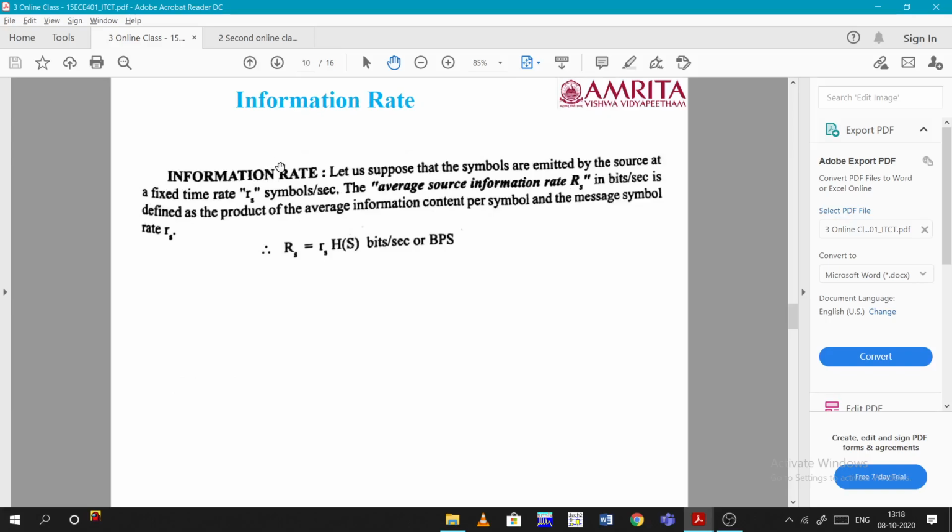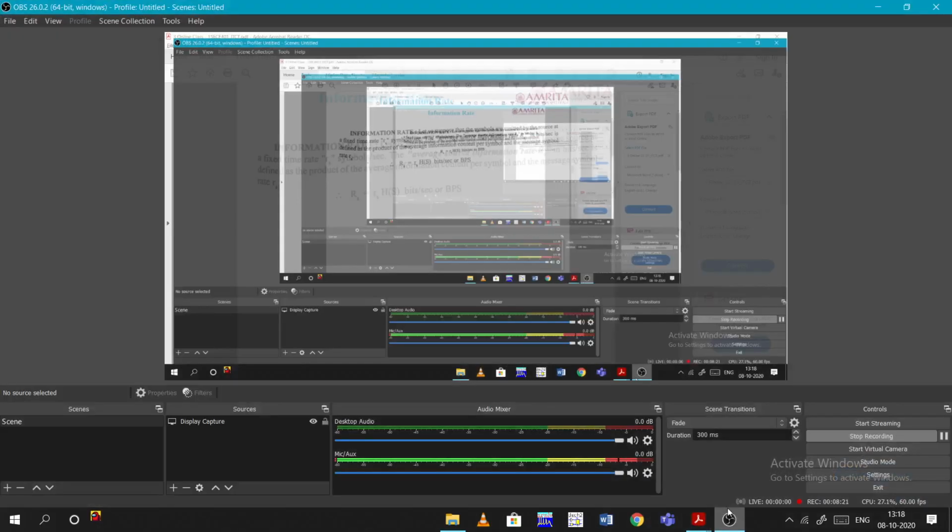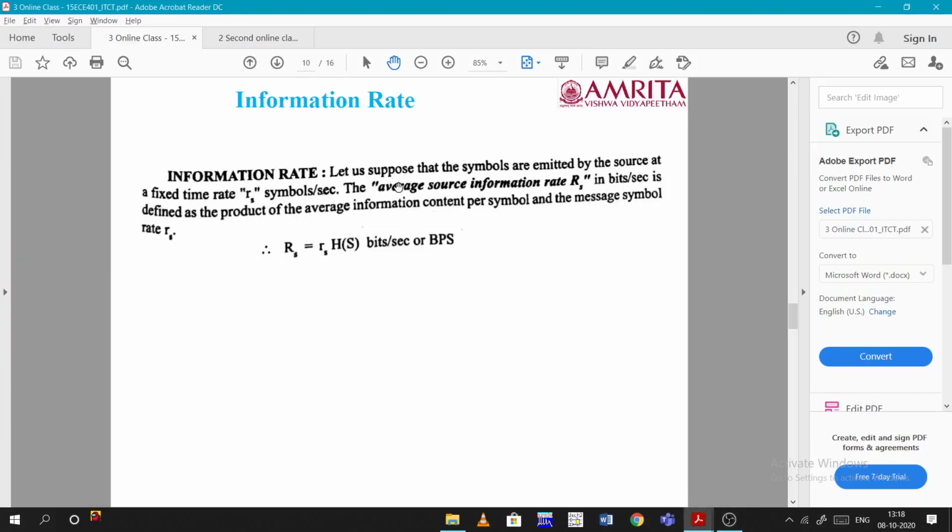Another thing is information rate. Information rate is the average source information. Let us suppose the symbols are emitted by the source at a fixed rate rs, that is symbols per second. The average source information, capital R S, will be equal to small rs into H of S, in bits per second or bps.